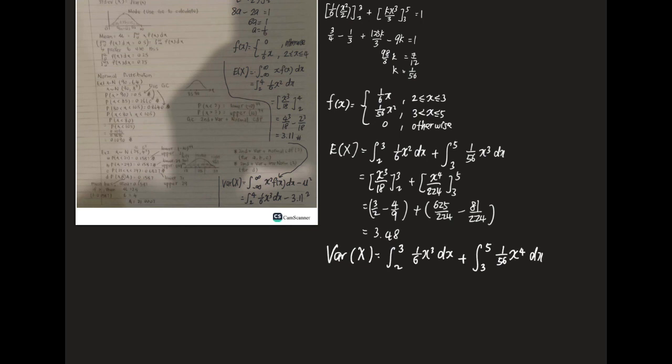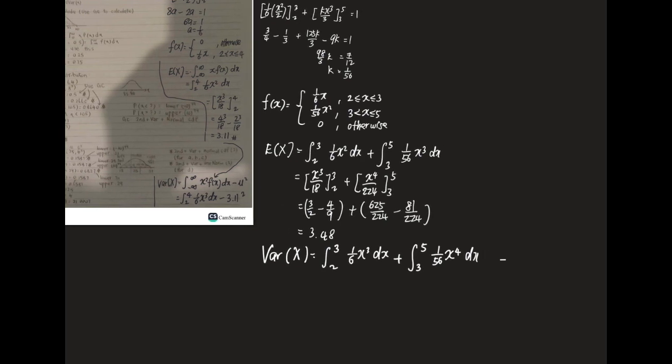Then you minus the mean to the power 2, minus 3.48 to the power 2. Then you keep doing this and you will get the variance. You have to integrate and substitute the upper limit followed by the lower limit.